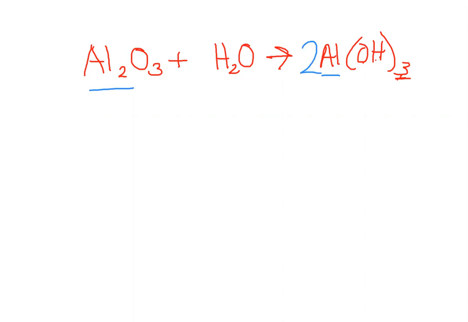Now my aluminums match. On this side I've got 2 hydrogen, and on this side I have 3 hydrogen times 2, 6 hydrogen. So in order for there to be 6 on this side, I have to put a 3, because 3 times 2 is 6.